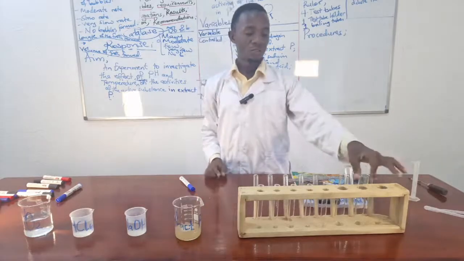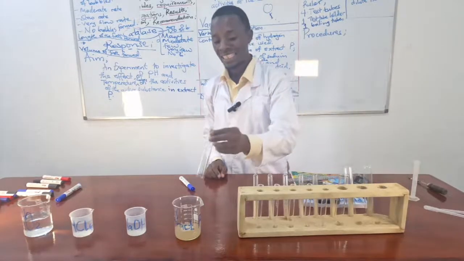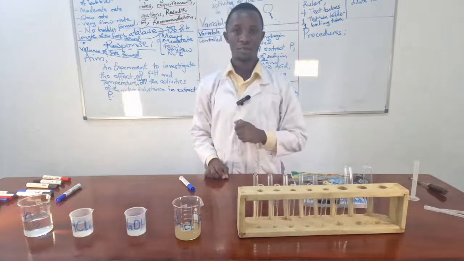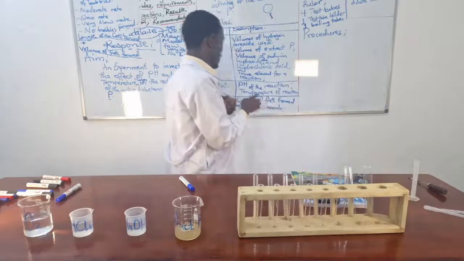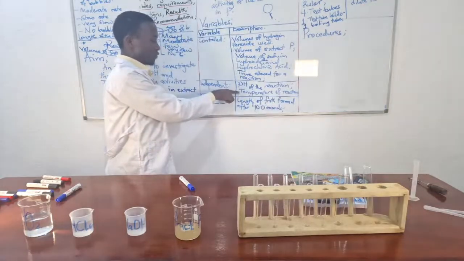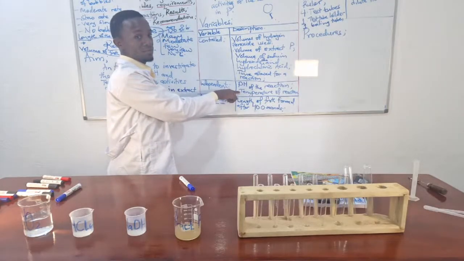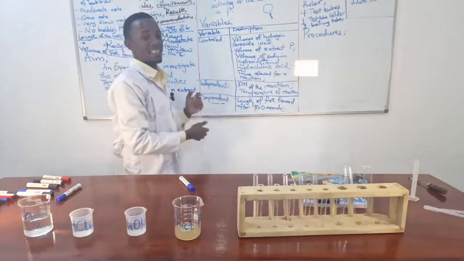So I'll use a boiling tube to boil a certain volume of extract P. I'll boil it to now bring in the factor of temperature on the active substance.